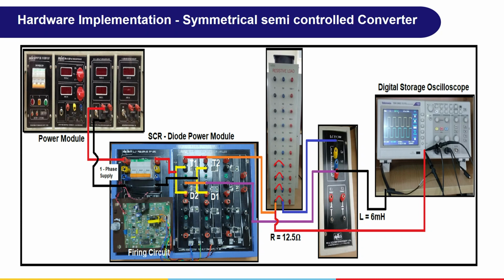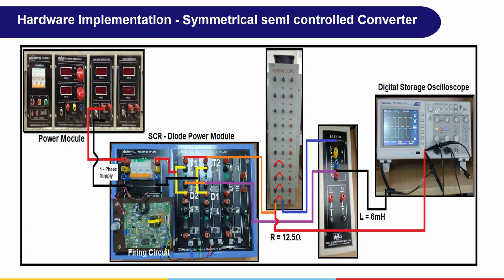components. Next, a firing circuit is required. Just as we used a pulse generator in the simulation, the firing circuit is required for generating pulses to turn on the thyristor. And the resistive load R is equal to 12.5 ohms.